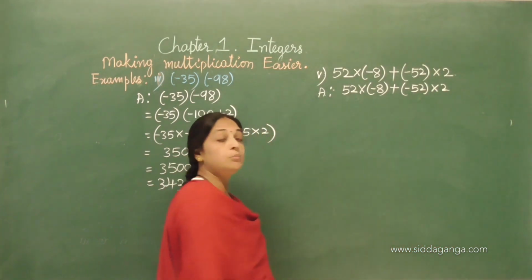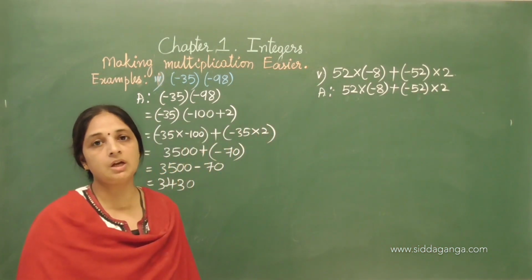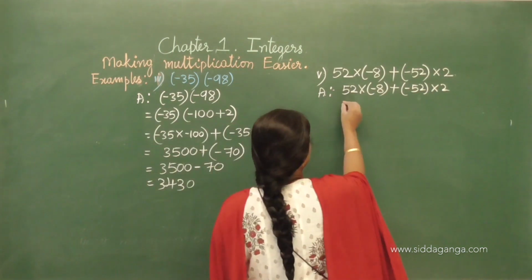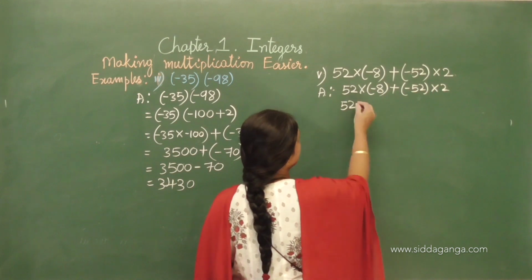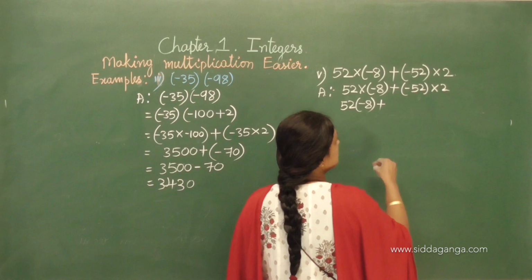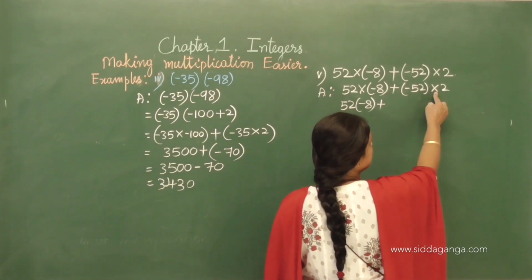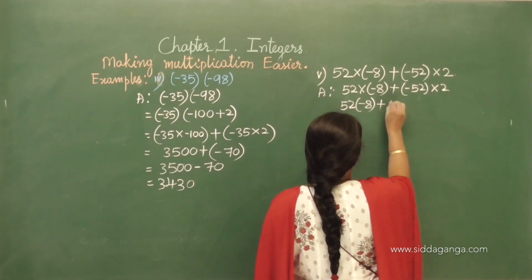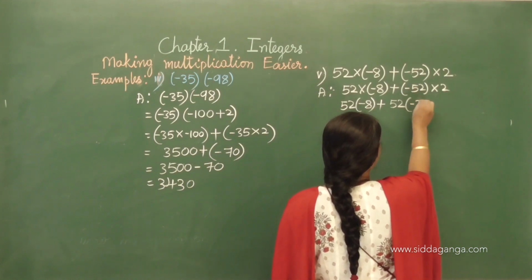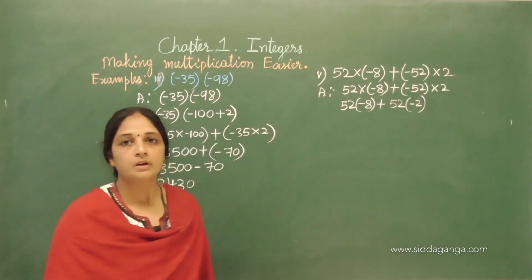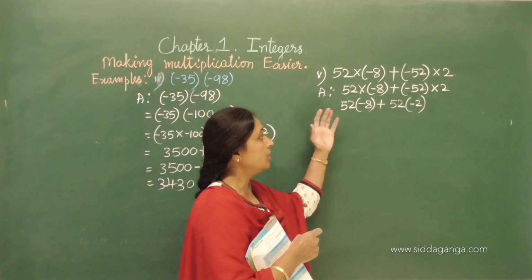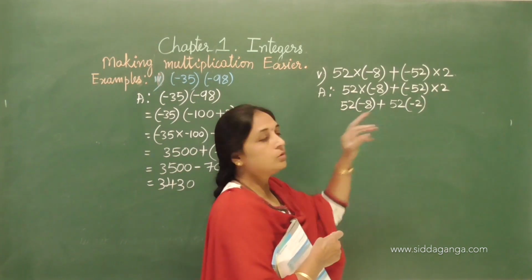In multiplication we can change the sign. Then we can write like this: 52 into minus 8 plus, this minus is shifted to 2, so 52 into minus 2. What is common here for both of the numbers? 52 is common.